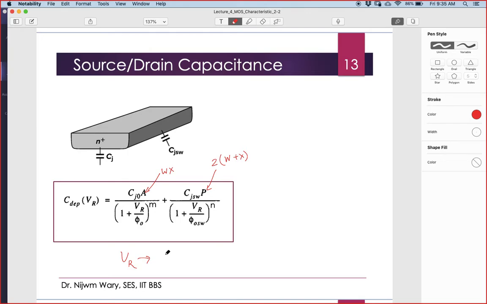Basically it's the voltage between, if we are considering the drain, VDB, the drain bulk.